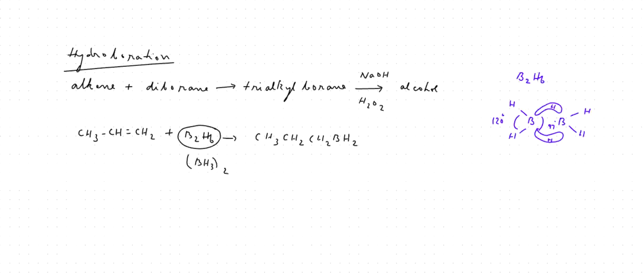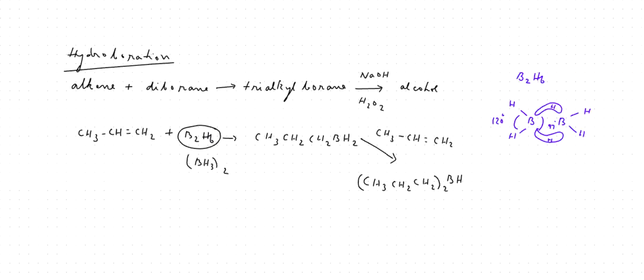When this particular product again reacts with CH3 CH double bond CH2, it loses one more hydrogen: CH3 CH2 CH2 twice BH.